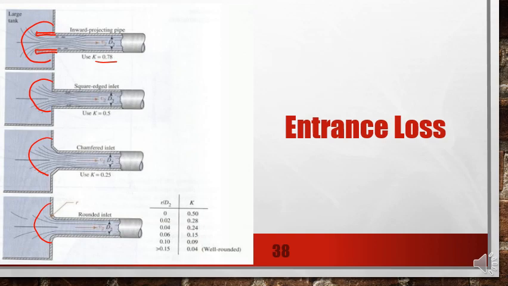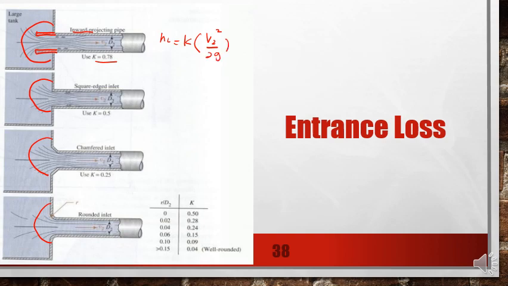If it's like this, we consider K equals 0.78. We use the same normal equation to calculate the HL, which is K times V to the power of 2, and in this case we are using V2, V squared divided by 2g.